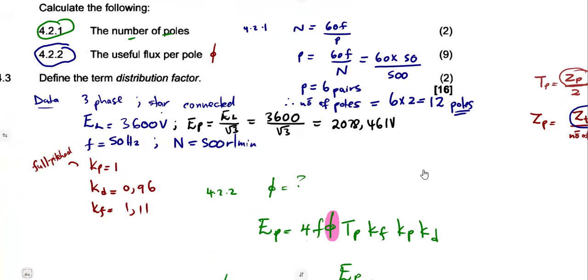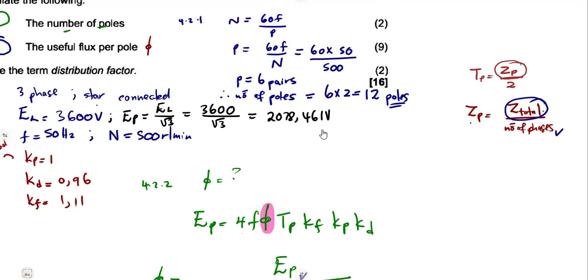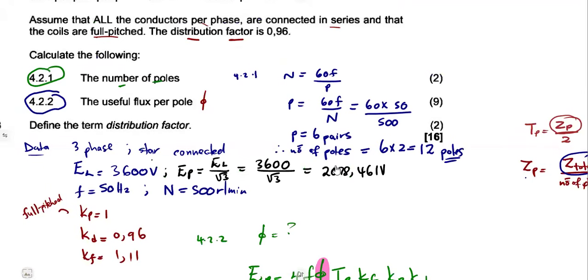In this case, guys, we are going to need Z total to find ZP, if, let's say, we have the total number of slots, because there we've got the number of poles that we are given, which is 12 poles. Let's get some of the information here. Did I put all this information? Something that I need.